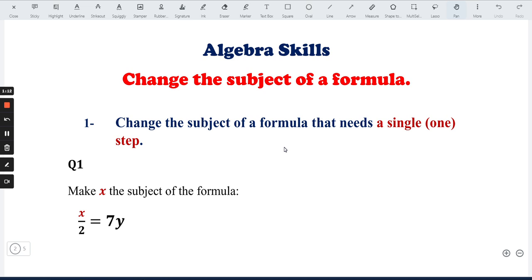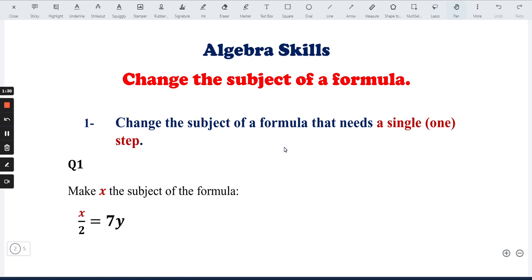Sometimes they will ask you to make X or Y or any letter the subject of a formula, or rearrange the formula to make X or Y or any letter the subject of the formula. So let's work out some examples here.